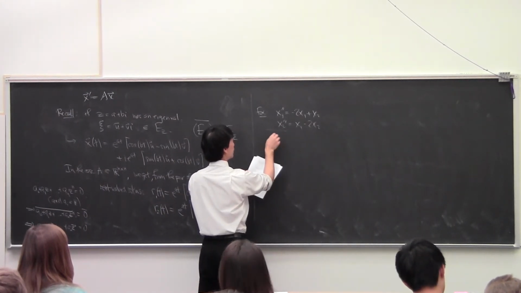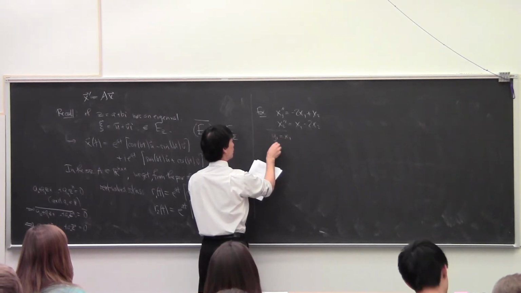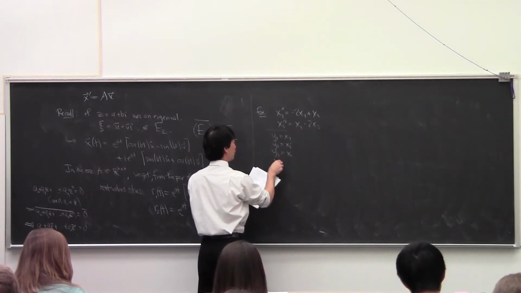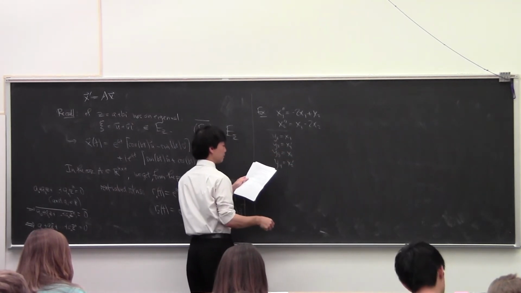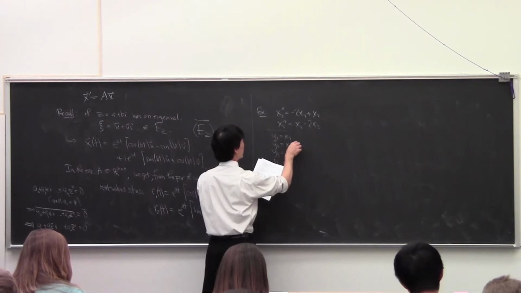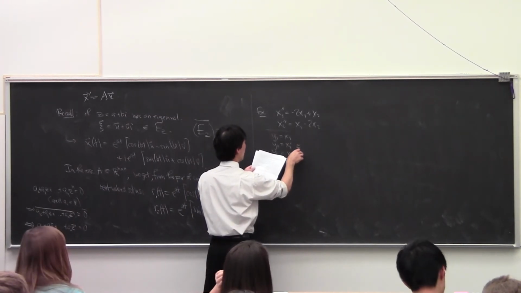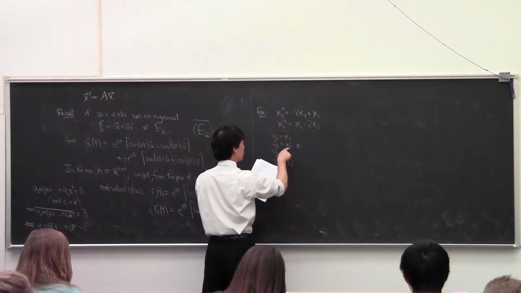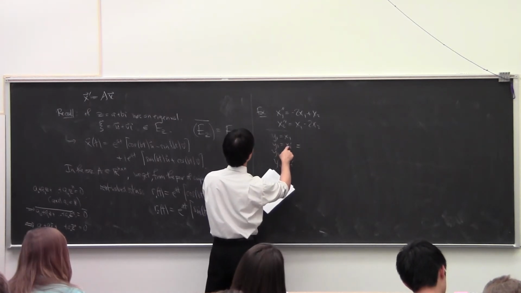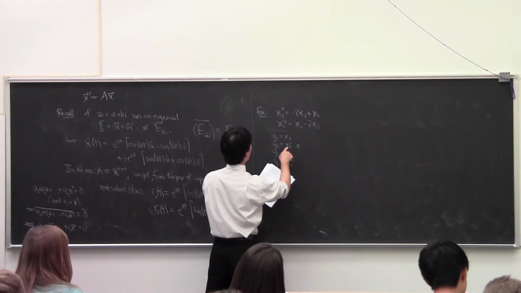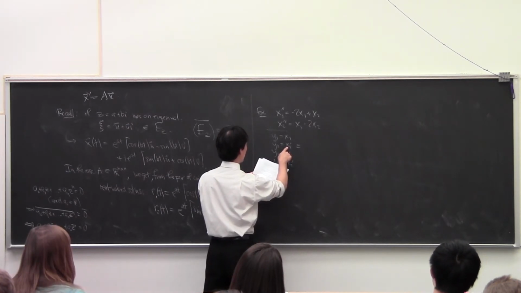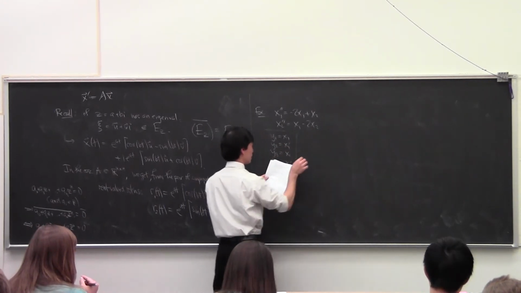So standard trick, right? You let y1 be x1, y2 be x1 prime, y3 be x2, y4 be x2 prime. Y2 is x1 prime. So, yes, sorry, I'm getting confused.